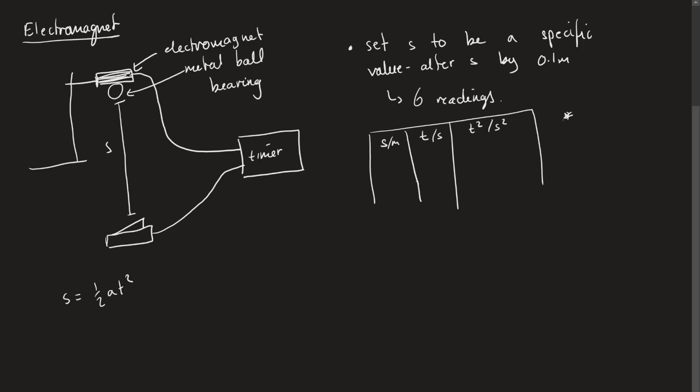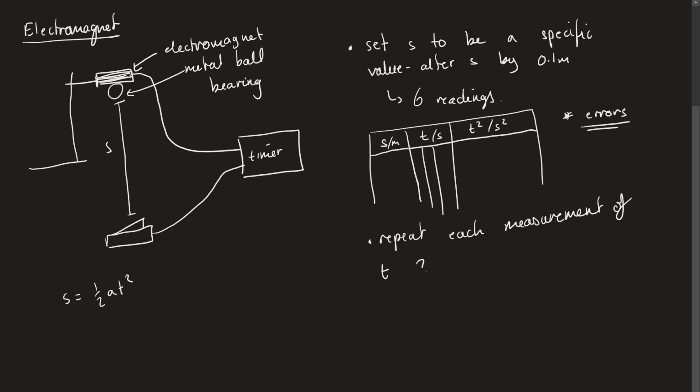I would also ensure that you calculate your errors for all of these values. This is your general table: you're going to record a value for s and a value for t. I'm going to split this into 3 columns because you're going to repeat each measurement of t 3 times, and then your average is what you're going to square.